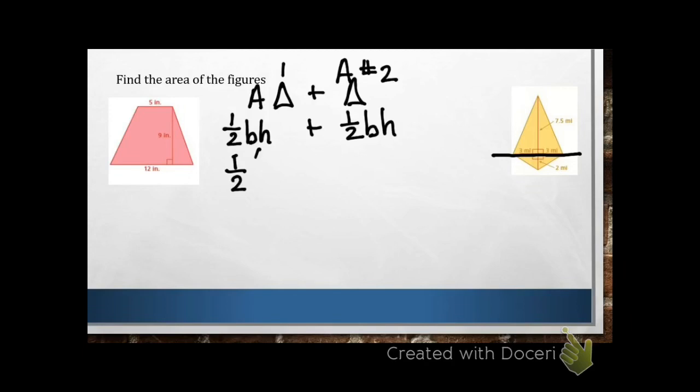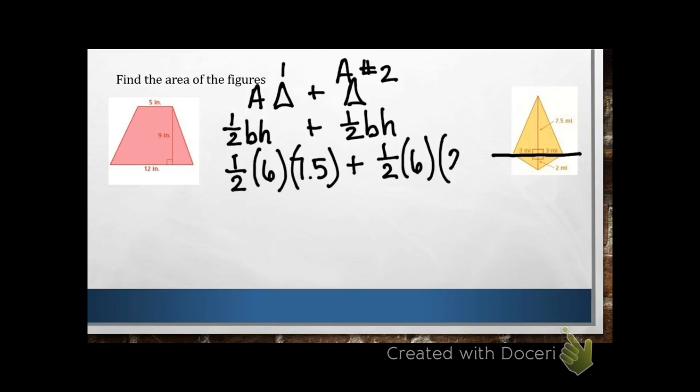So 1/2 of 6, and our height, it says, is 7.5 for the big triangle. Plus 1/2, my base is still going to be 6 for the small triangle, but my height is much smaller. It's only 2.